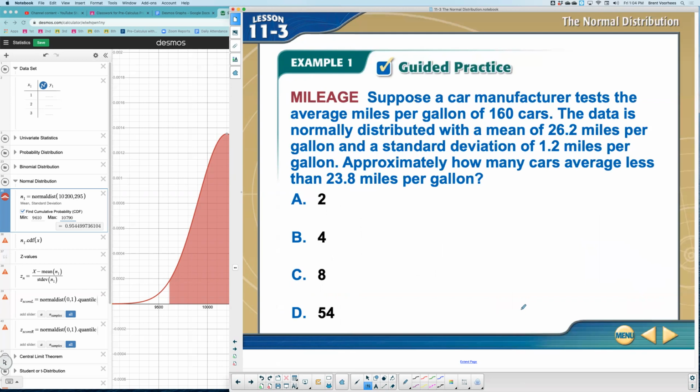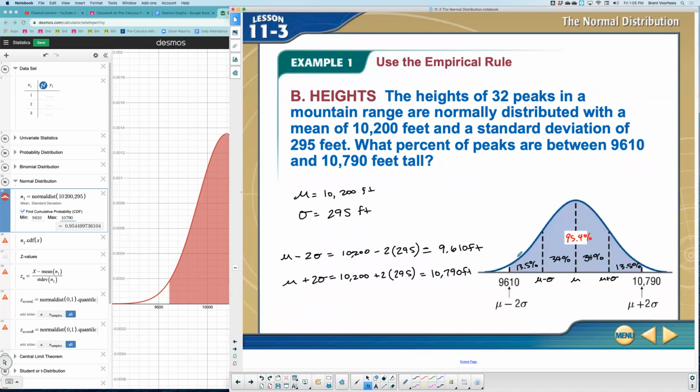So given this problem, we want to know how many cars. Let me see, what percent of peaks? So mine was saying percent of peaks. If you need to know how many peaks, you could take your total here, the percentage, 95.4%. This will help you.